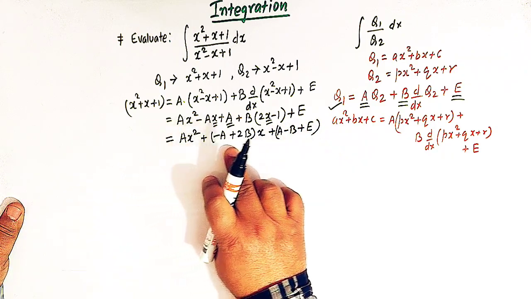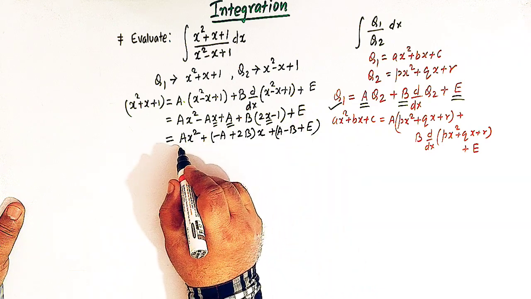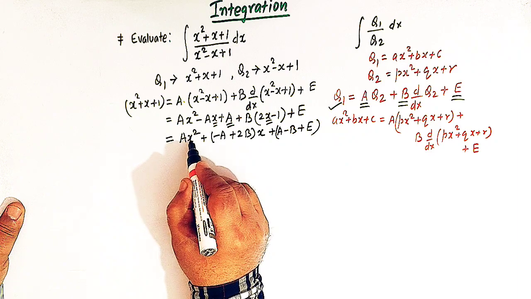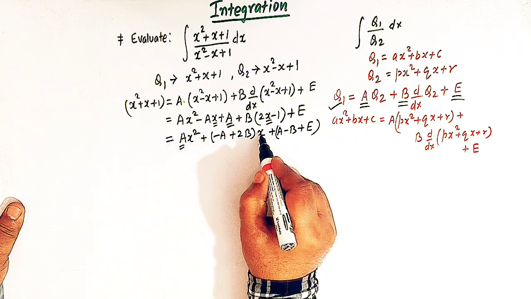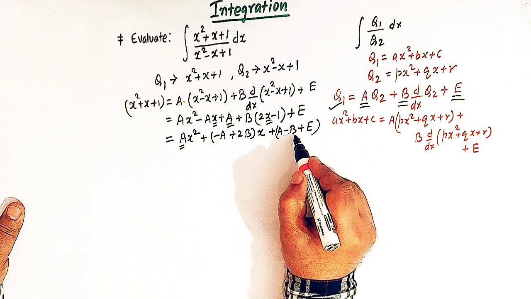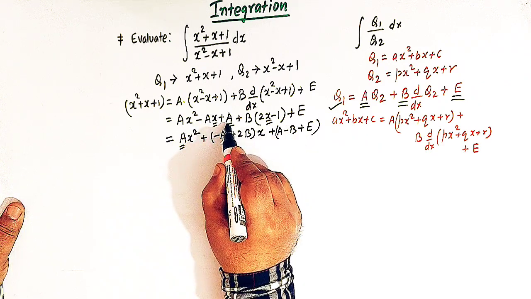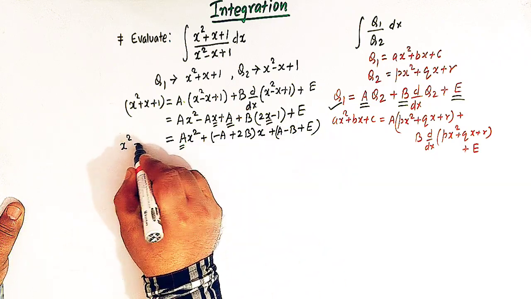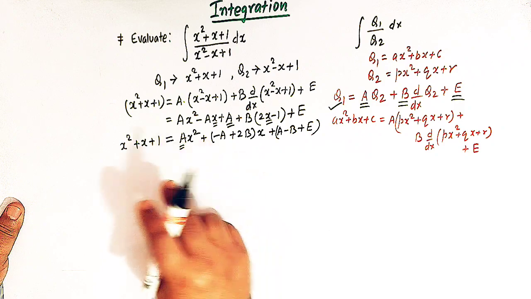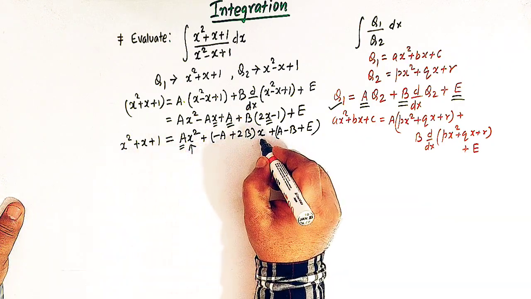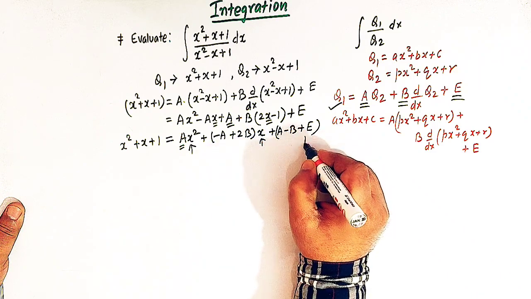So on the right hand side we have another quadratic polynomial where the coefficient of x square is a, the coefficient of x is minus a plus 2b, and the constant term is a minus b plus e, right?